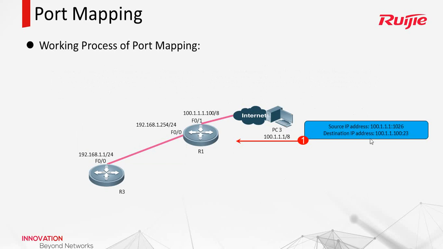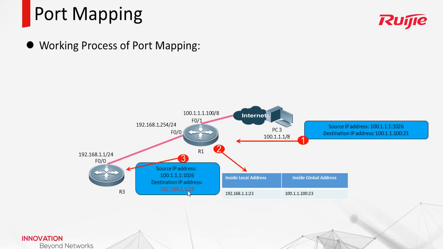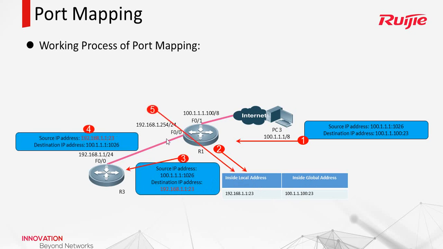First, from PC3, send the telnet packet, and Router 1 checks the NAT table and translates, this time from global to local, and then sends back, this time translating from local to global again, then sends to PC3.